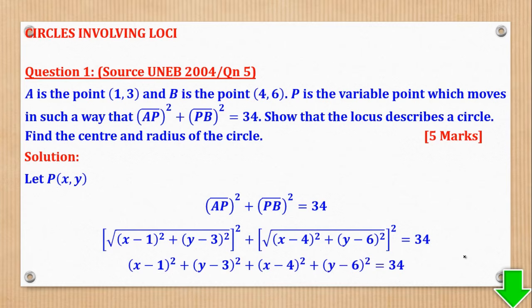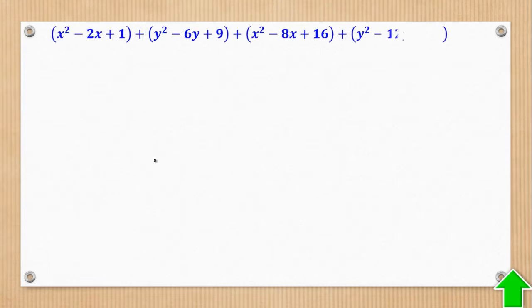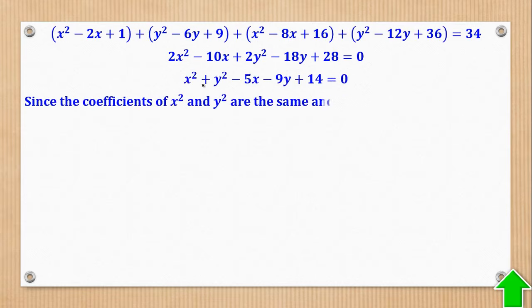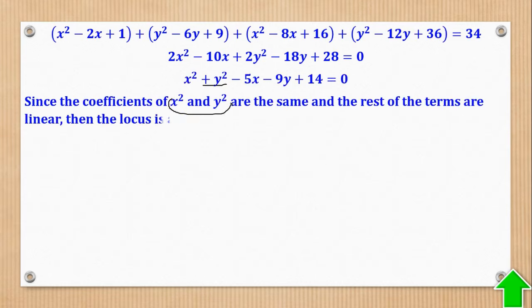The next is to expand. I have to expand and collect like terms and rearrange. So when I expand, I'll come up with that. Then collect like terms and rearrange to come up with that. So this is the locus, and since the coefficients of x squared and y squared are the same, I think we realize that here the coefficient of x squared is 1, the coefficient of y squared is 1, and the rest of the terms are linear.